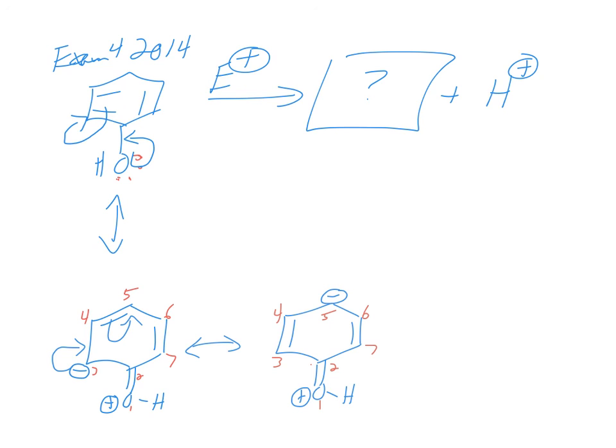So either one of these. And I could do this again, but you'll notice 3 and 7, are they the same carbon? Yep, they're the same. So either one of these can react with E plus. Do you want to do 3 or 5? 5. So 5 is going to react with E plus.